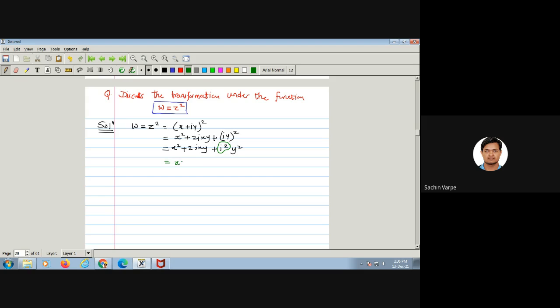So what we'll get is x square minus y square plus i times 2xy. So this is of the form u plus iv, where u is the real part of w, that is x square minus y square, and v is the imaginary part of w, that is 2xy.